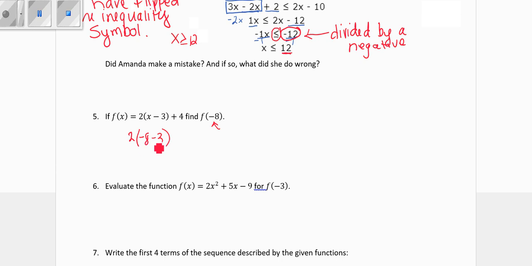So negative 8 minus 3 is negative 11. Multiplying by 2, 2 times negative 11 is negative 22. So for an input of negative 8, f of negative 8, I should say, equals negative 22.